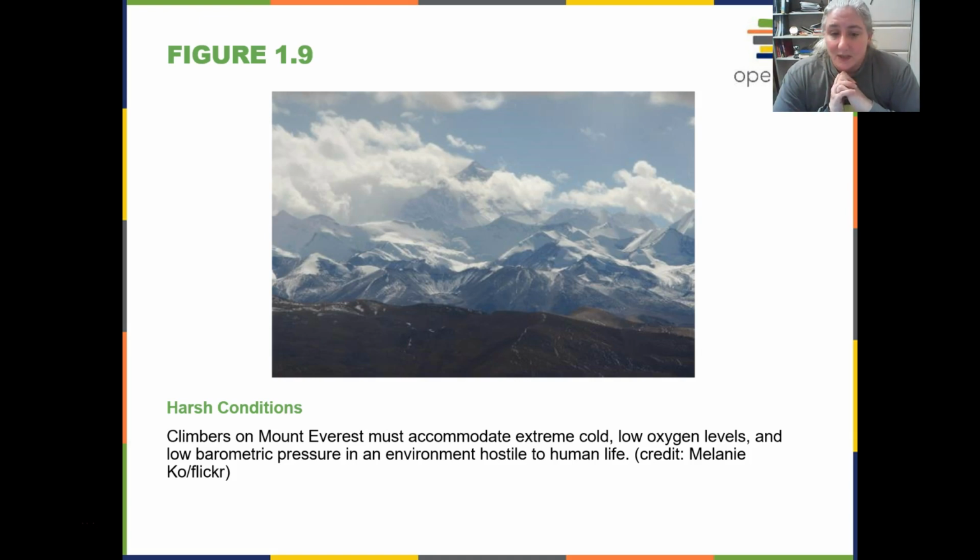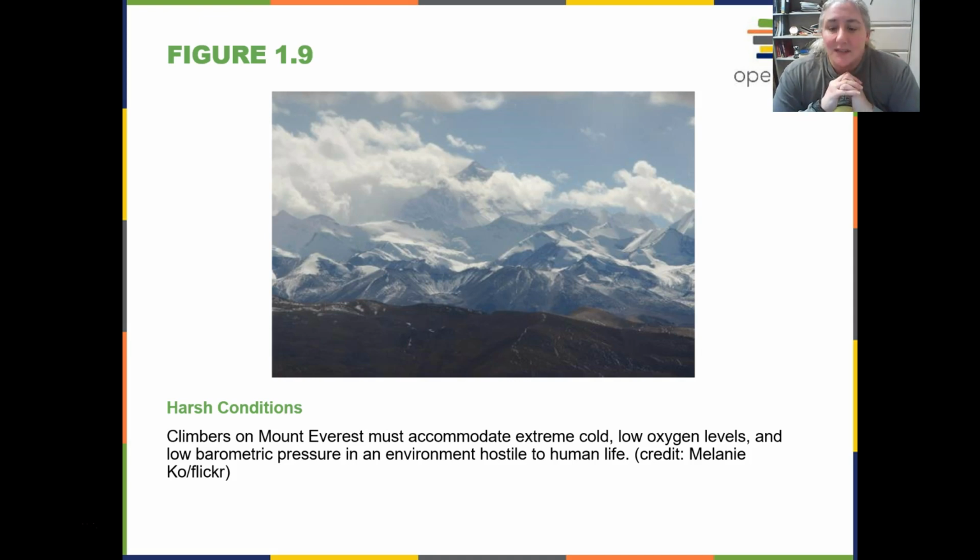So in this picture, you're seeing Mount Everest, which is very cold. Individuals climbing Mount Everest want to make sure that they are layered with clothing, but they don't want too many layers, because it's going to be too hard to climb. So they have to maintain that level of warmth with the ability to still move.